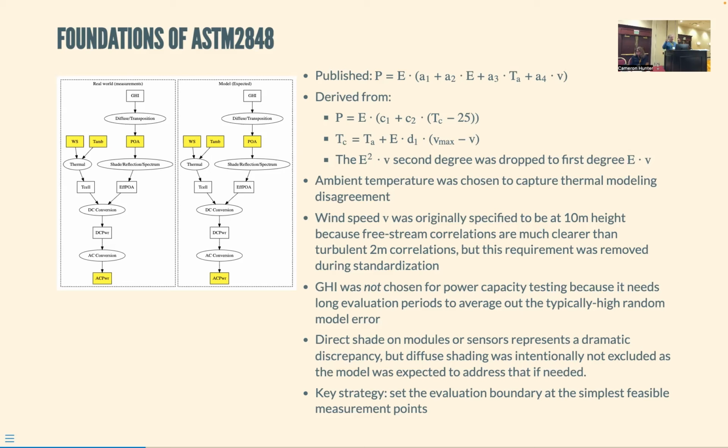You can get an accurate answer by measuring the module temperature and say, yes, the system is performing as expected, but you will overlook the fact that the modules may be operating 20 or 30 degrees hotter than you had intended them to be. So ASTM takes this view that we're going to use the ambient temperature and the wind speed to capture that potential failure.